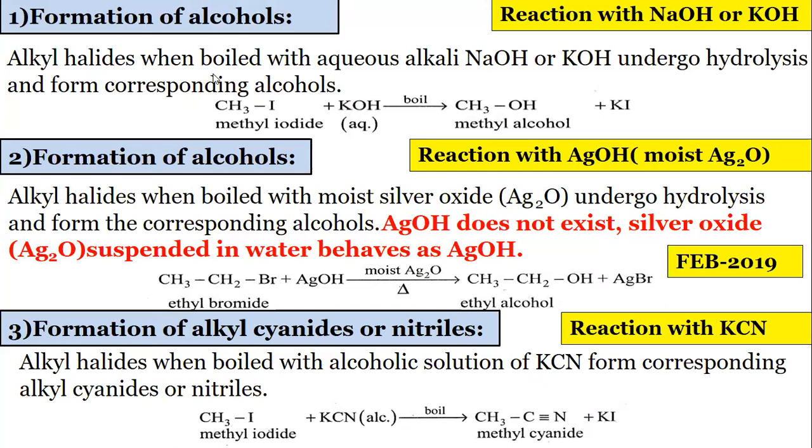There are two methods. By using aqueous KOH or NaOH, that is aqueous alkali, when this methyl iodide is treated with aqueous alkalis, we are using two types of alkalis here, NaOH or KOH, it undergoes hydrolysis and the iodine is replaced.